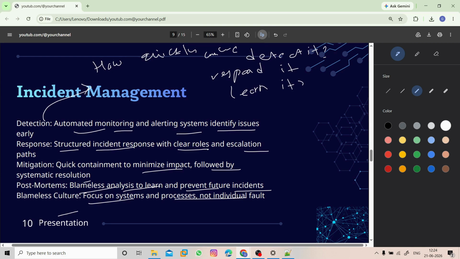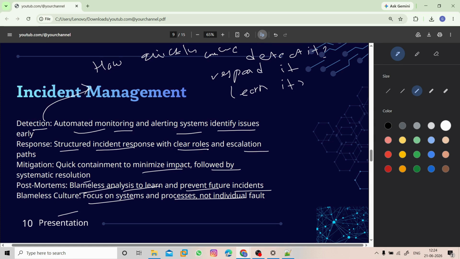So how can we find this? That is why we have detection. First we create alerts for our systems and applications, so that if anything is down, we immediately receive the alerts.